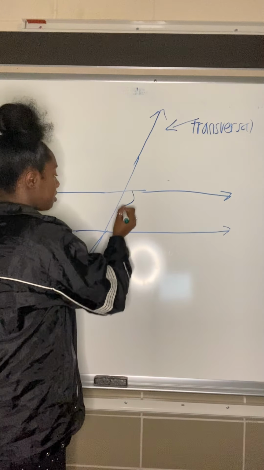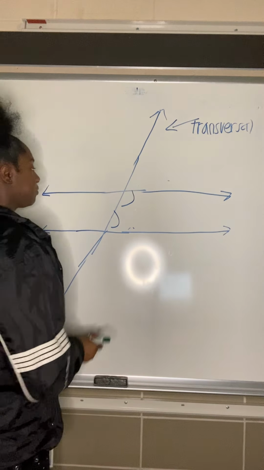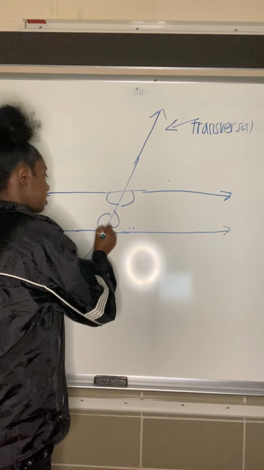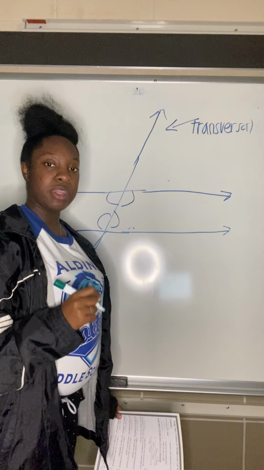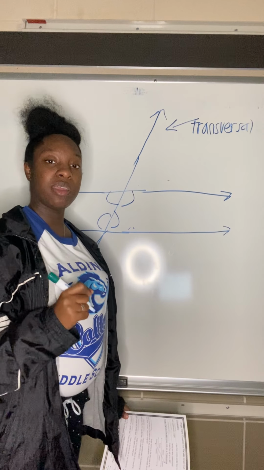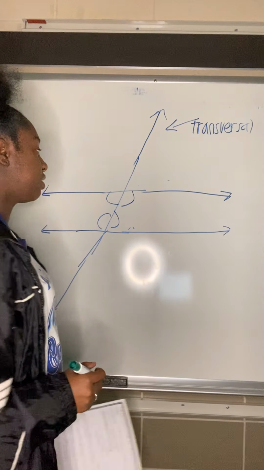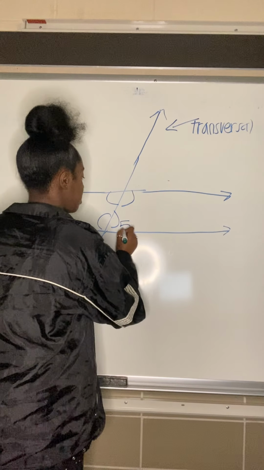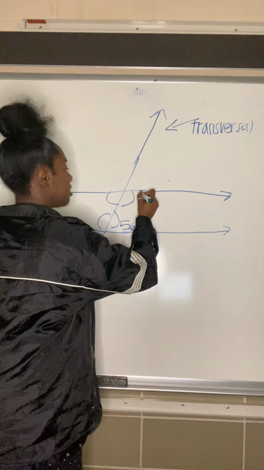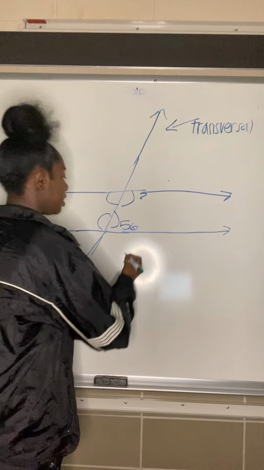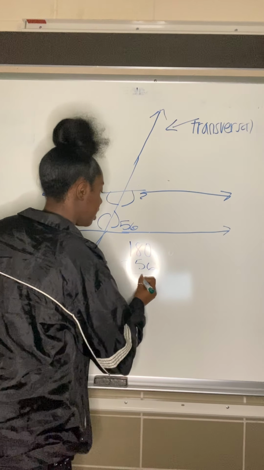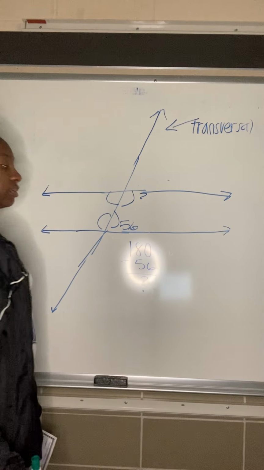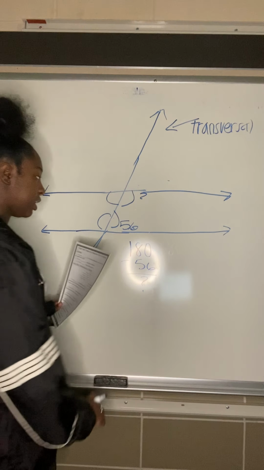So this angle and this angle, or this angle and this angle, are going to be what you call supplementary angles, meaning that they add up to equal 180 degrees. So if I said this is 56 degrees, what is this one? I simply subtract 56 from 180, and that number will give me this angle. That's what I mean by supplementary.